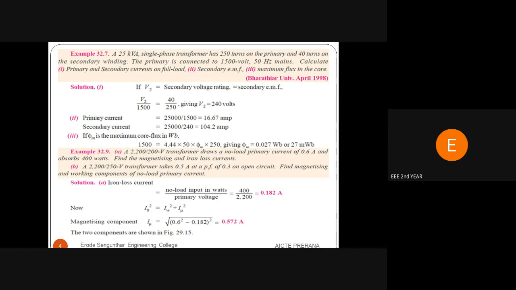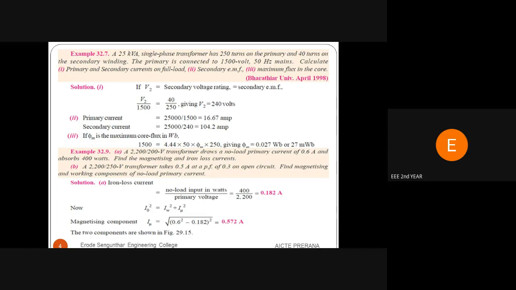By means of the secondary voltage, we can determine the secondary current: the rating of the transformer divided by the secondary voltage, that is 25,000 divided by 240. We get 104.2 ampere.